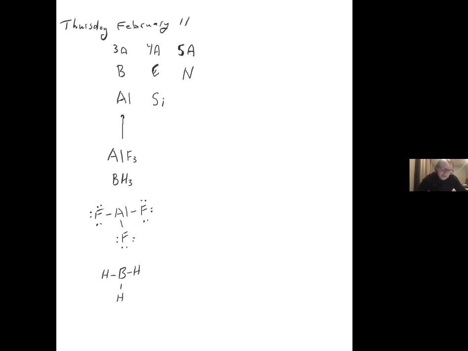Again, it obeys the octet rule. I don't know of any examples where it doesn't. But the elements below it, phosphorus and arsenic, do seem to have the ability to have more than 8 electrons in their valence shell. This is what we would call an expanded octet, and we would claim that this is possible.